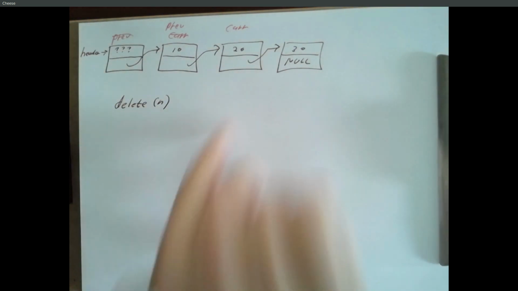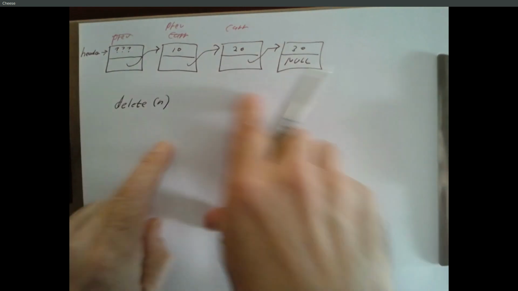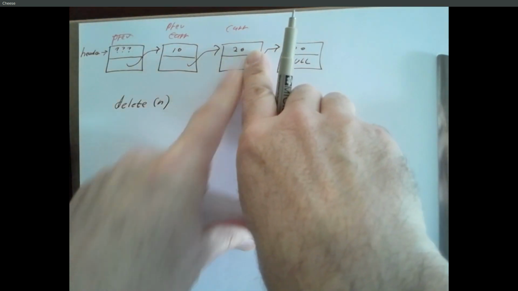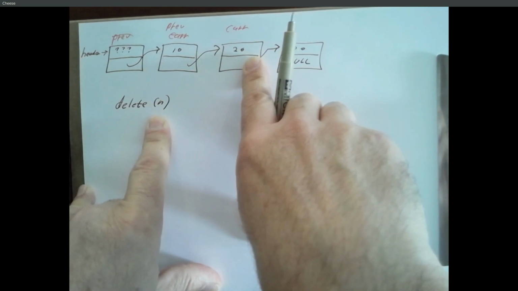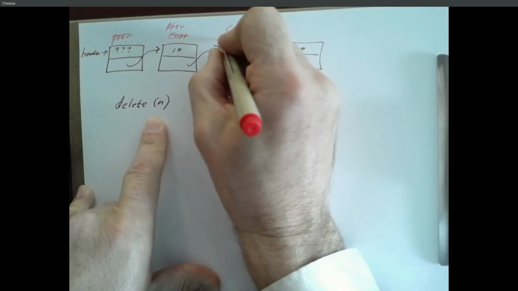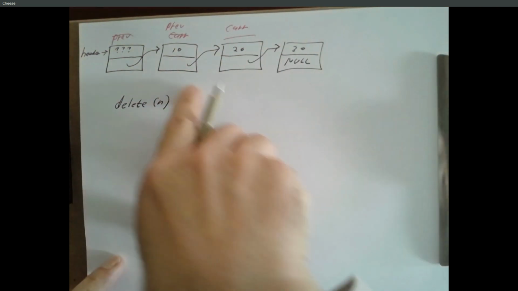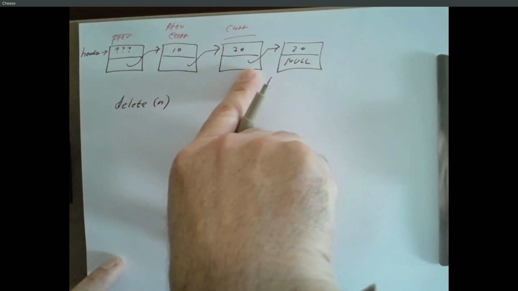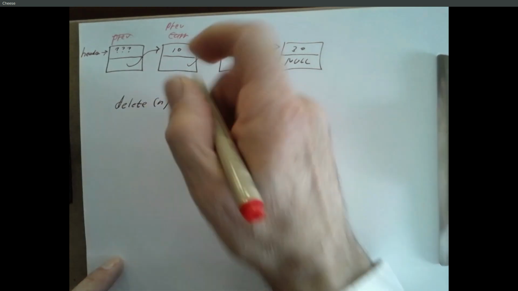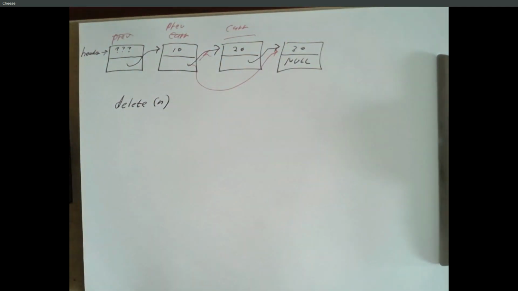We can use the .next field. Yeah, exactly. So we move ahead, we check current's data value of 20, that is equal to n. And so we know that we want to delete current. And we have all the information set up that we need. All we need to do is take previous and change its next to be whatever current's next is. So now this is going to change to point to there, and we're done.